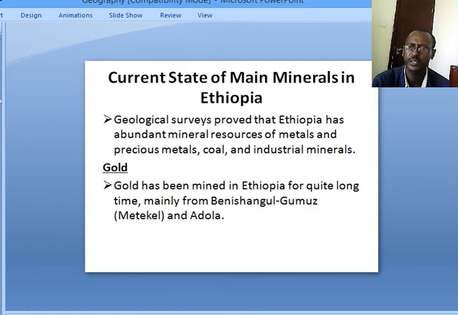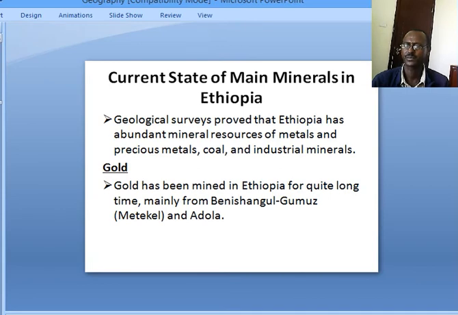The current state of main minerals in Ethiopia looks as follows. Geological surveys prove that Ethiopia has abundant mineral resources of metals and precious metals, coal and industrial minerals.